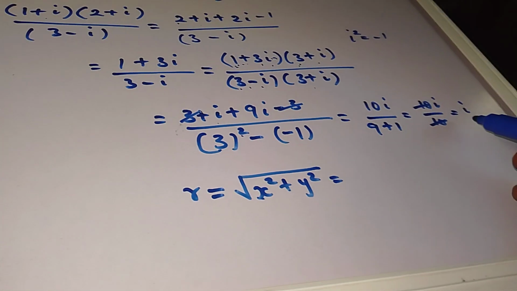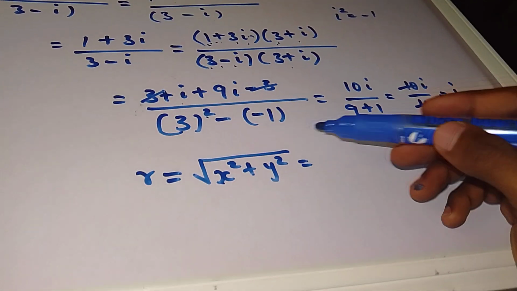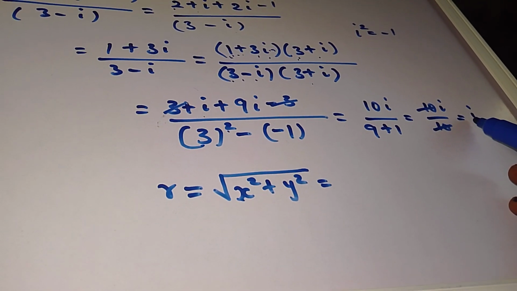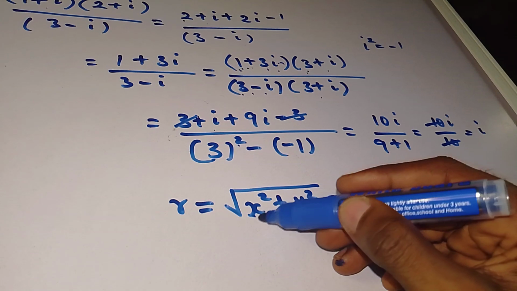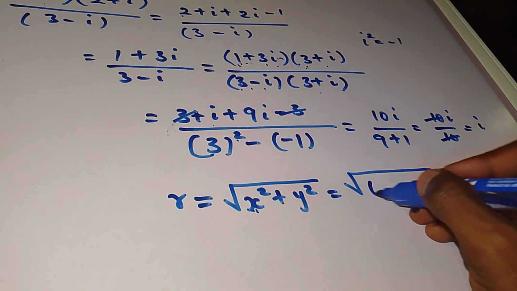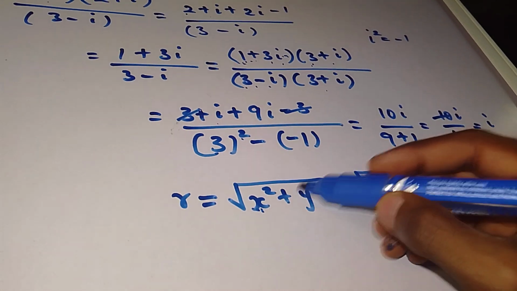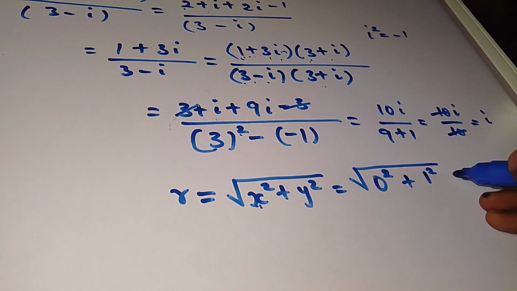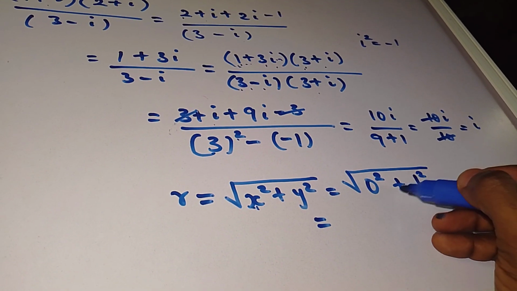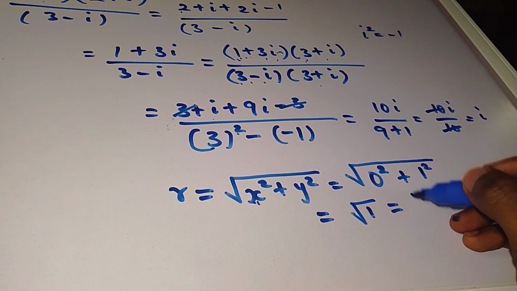This number is purely imaginary because there is no real part, so x is 0. The coefficient of i is 1. So we have the square root of 0 squared plus 1 squared, which is the square root of 1, equal to 1.